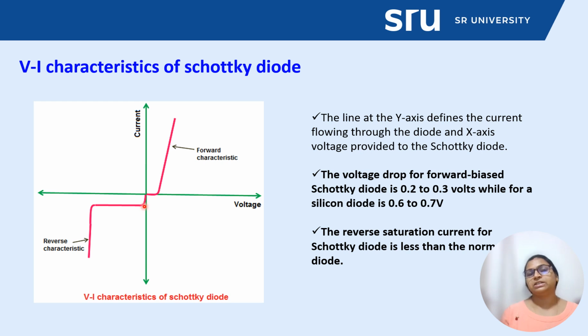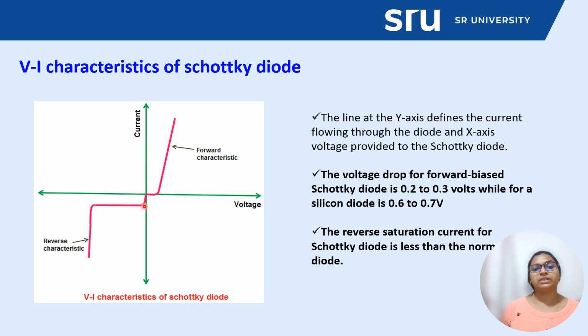The Schottky diode is a unipolar device because here the current is mostly flowing due to the free electrons. And in the PN junction diode both free electrons and holes carry the electric current. So the PN junction diode is a bipolar device.